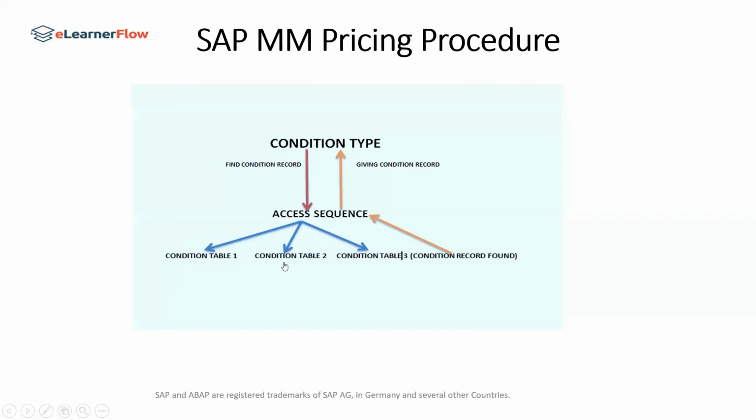And if it's able to find a value, then it populates that value and sends that value into the condition type. If it is not able to find the value in the condition table, then it goes to the next condition table and searches for the condition record. Once it finds the condition record, the data is sent back to the condition type. This is the process and the sequence in which the system works.